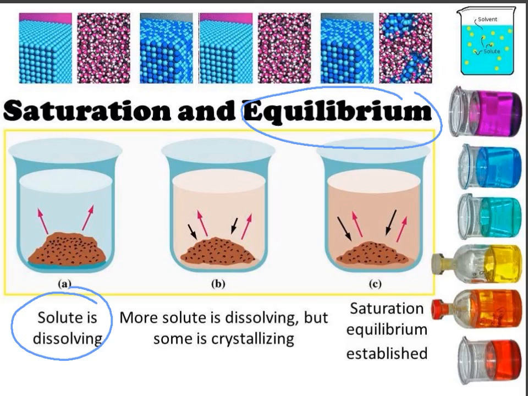As more solute is dissolving, some is still crystallizing. But when saturation equilibrium is established, this means that even though crystallizing and dissolving continue to take place, the amount of dissolved solute and crystalline solute is still the same.